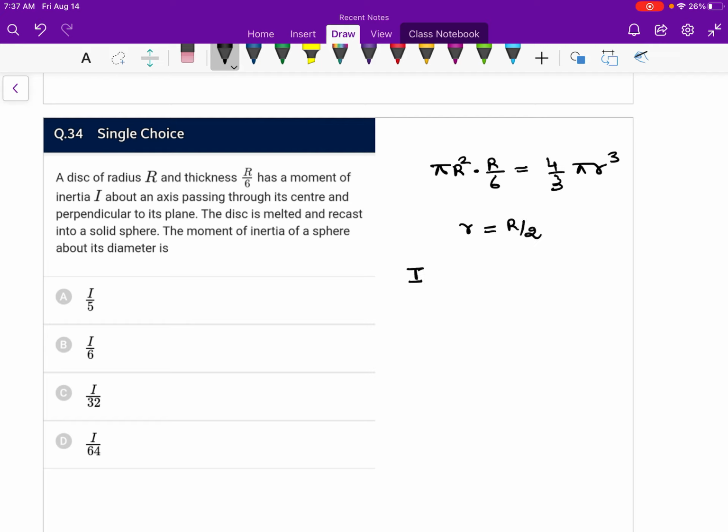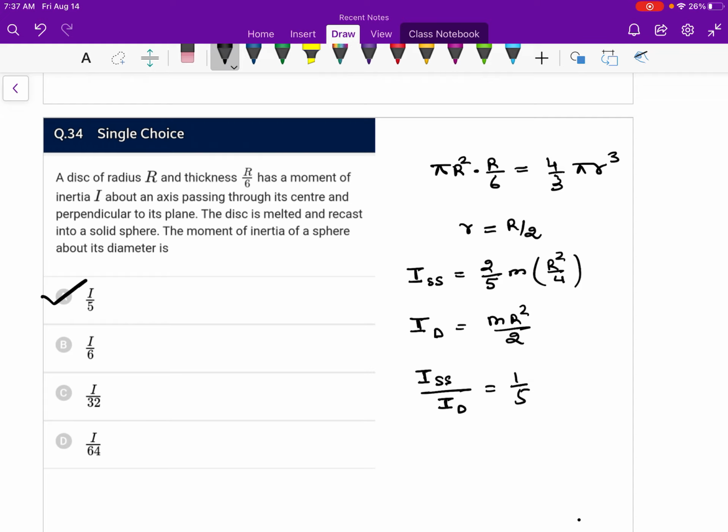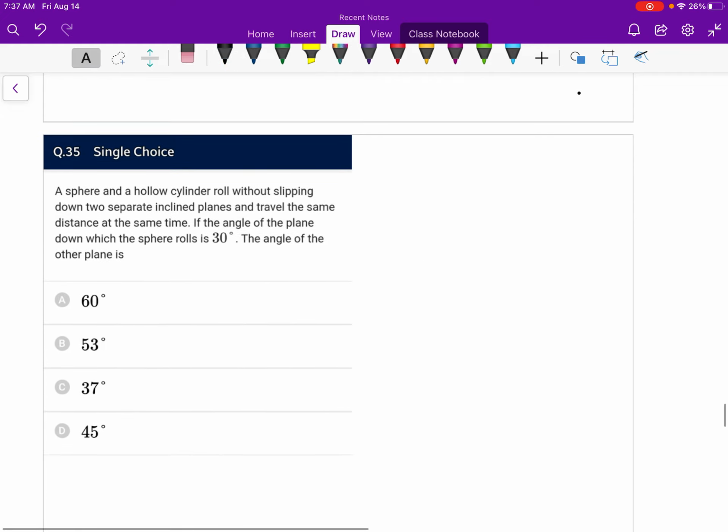Now I of solid sphere is 2 by 5 m r square, which is R square by 4, and I of disk is m R square by 2 about its standard axis. So I solid sphere upon I disk is equal to 1 by 5. So I of solid sphere is I by 5. So A is the correct option.